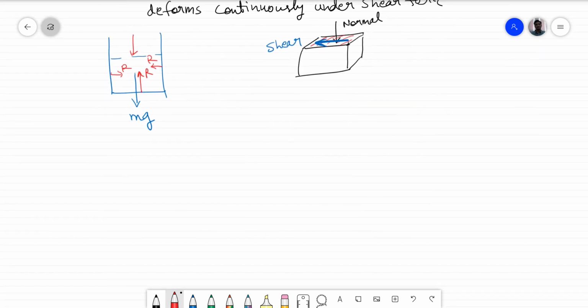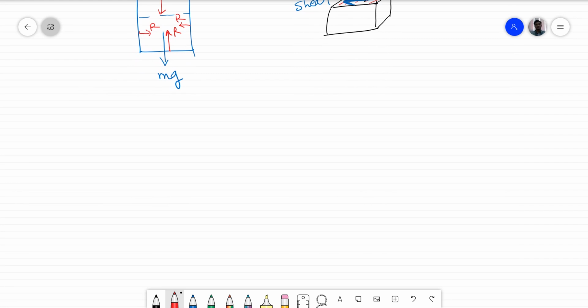So definitely there is some normal force, but it is not moving. Now let's consider a situation where there is a shear force. Let's say there is a wall like this and there is a film of water.